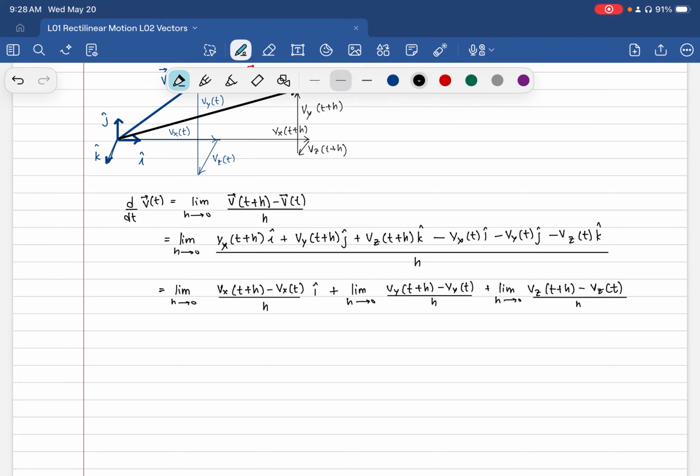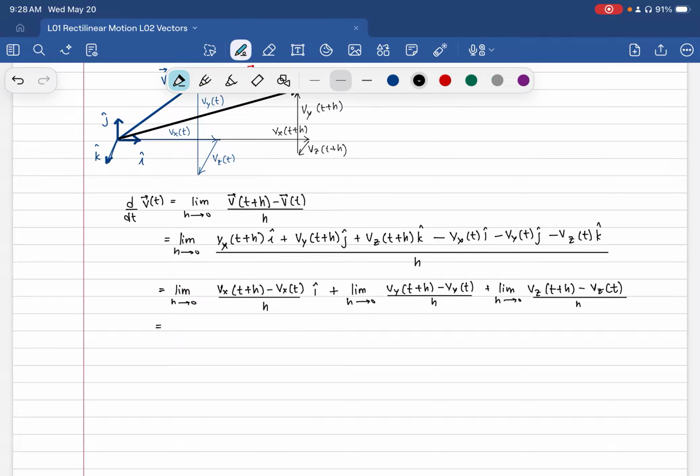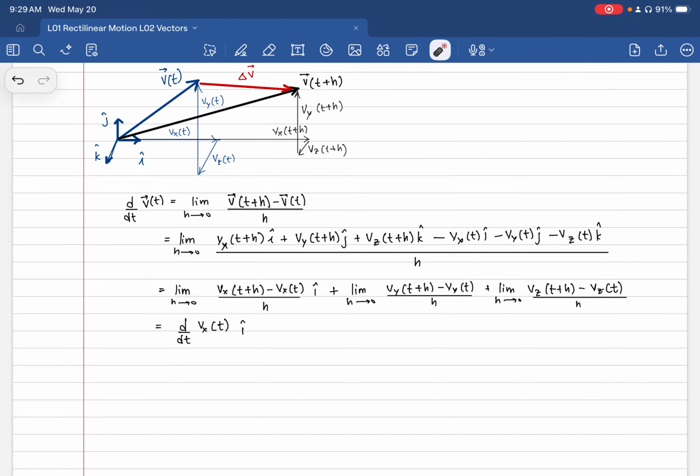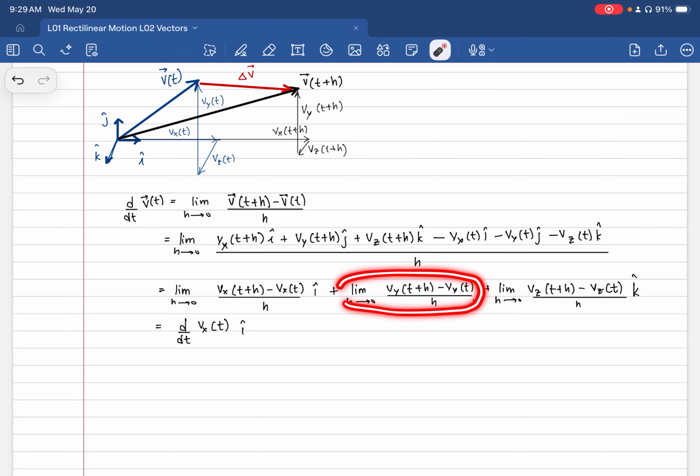Okay, and you can now see that this here is essentially the differentiation of the x component, that's vx of t along I hat. This entire thing is, well, I should have written j hat here. Sorry about that. This here should have k hat. This is the differentiation of the y component. So y of t becoming y of t plus h.